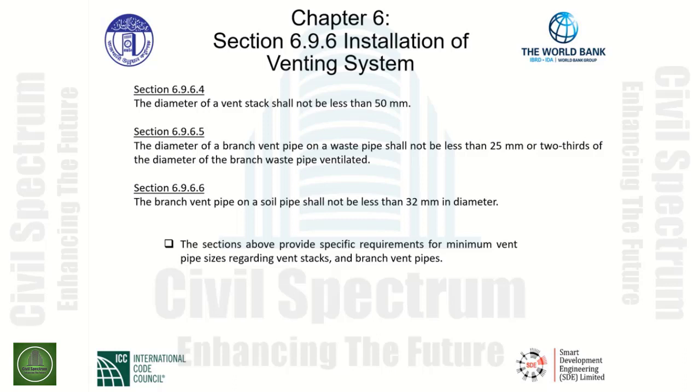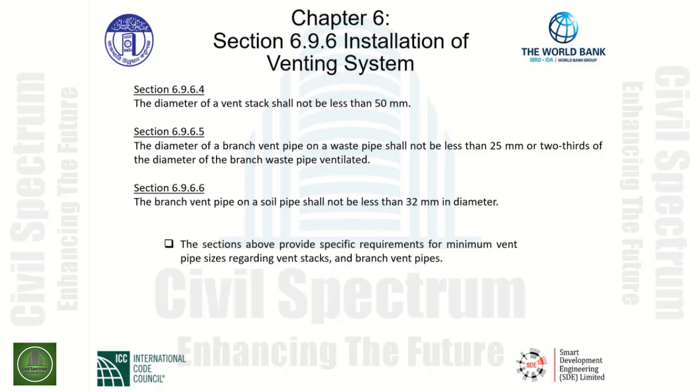This is given to us in section 6.9.6.5. We are provided with very specific requirements in this portion of the code regarding dimensions of our vent piping. These are minimum sizes that are given to us accordingly.